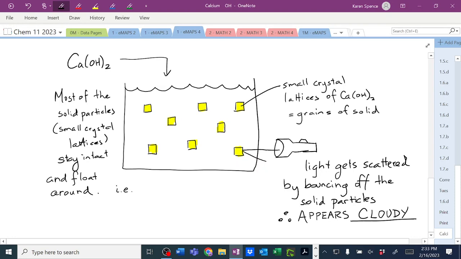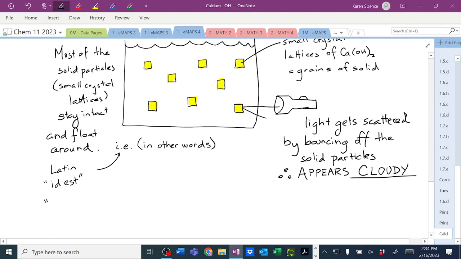I.e., you guys know what I.e. means? It means, in other words. Not that you need to know this, but it is from the Latin id est, which means that is.